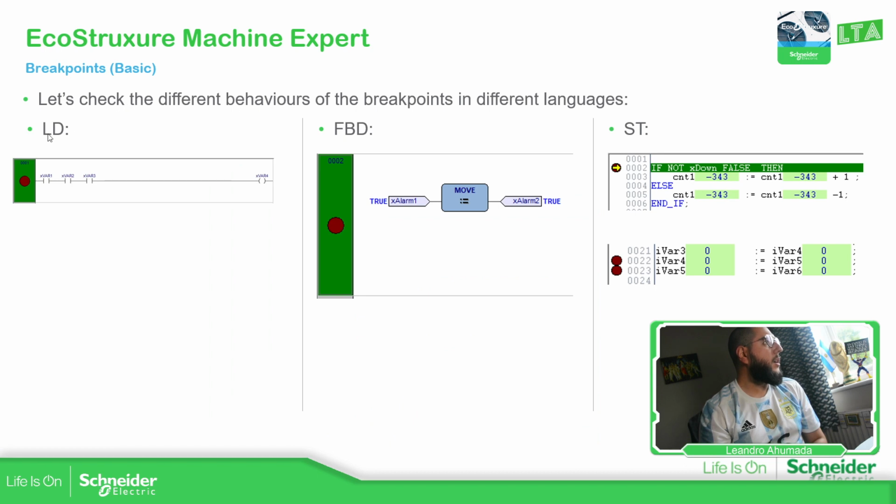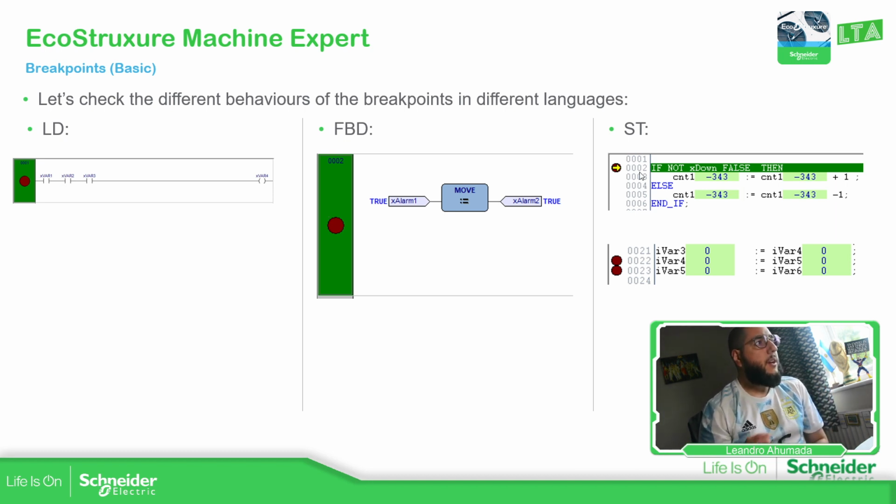If you are in ladder, you should be able to see this color and this circle, meaning that you have the breakpoint, and it means that it is stopping there. The same can be seen in the FBD. When you put the breakpoint, it shows a red circle, but when it's green, it means that it's stopping there.